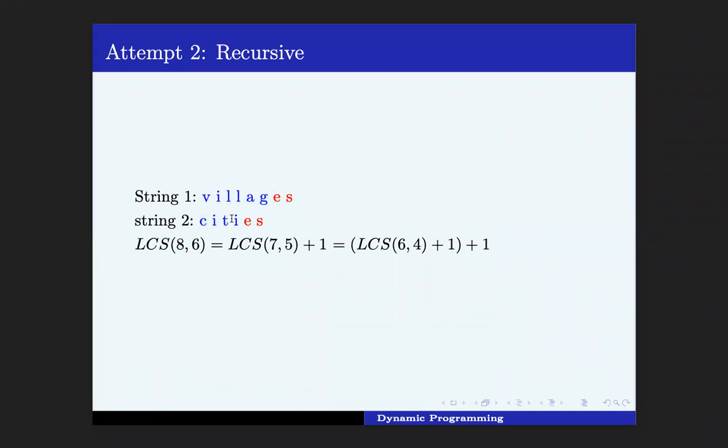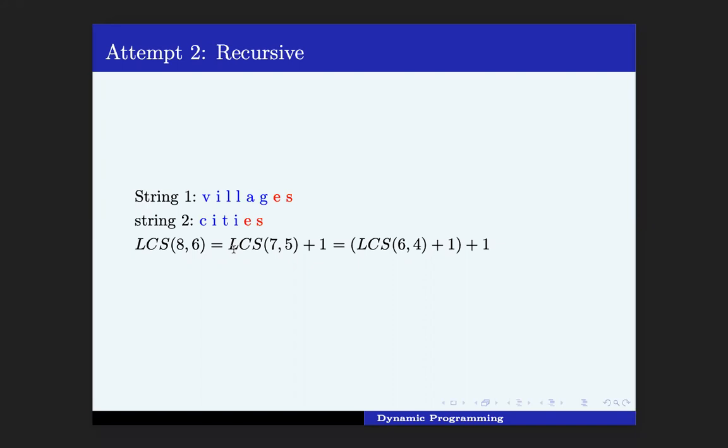Now the last one is G over here and I over here, so they are not the same. So at least this much we can say: the longest common subsequence will have either none or at most one of them. It cannot be both. Both cannot be present, right?